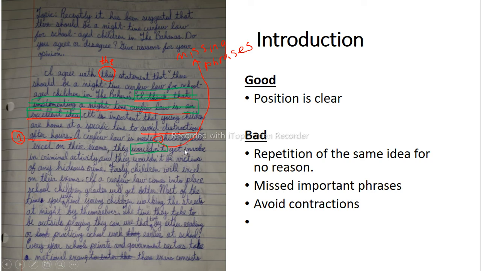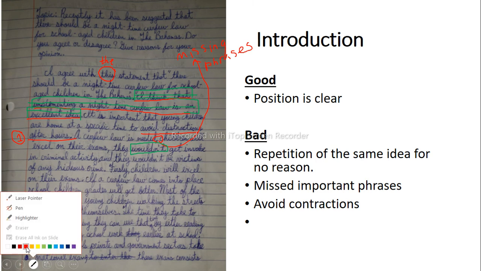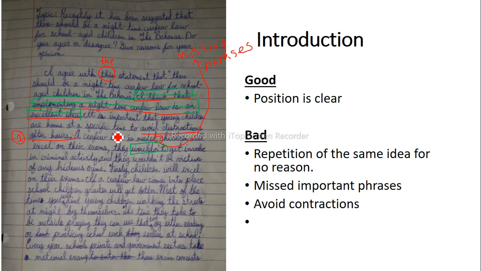They wouldn't get involved in criminal activity. So there are several things that I mentioned again, right? So they avoid distractions. Children will excel in their exams. That's the second one that we see. They wouldn't get involved in criminal activity. That's the third one. Where is the thesis, Mr. Petit?